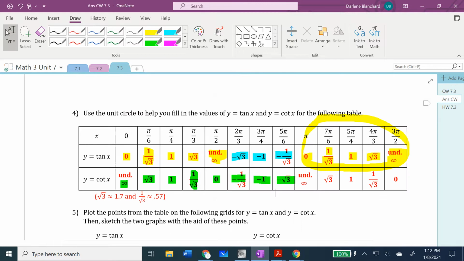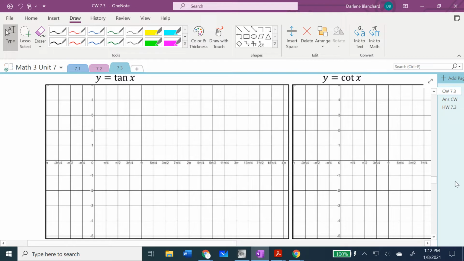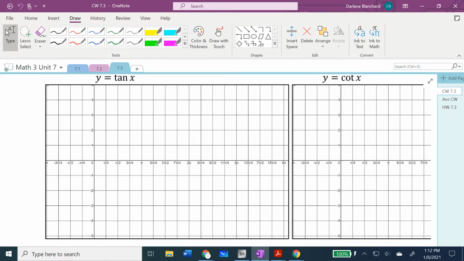But I want to point out that the square root of 3 is approximately 1.7, and 1 divided by root 3 is approximately 0.57. So everyone look at plotting these points. And I'm going to go back over here and plot the point (0, 0).